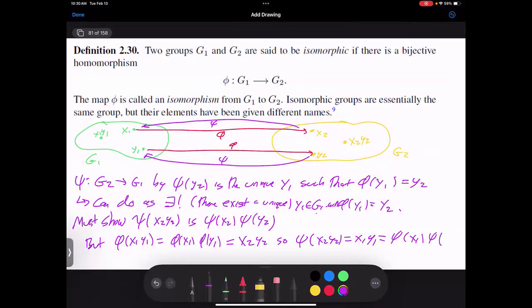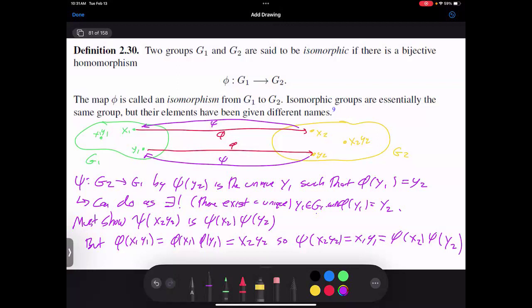I'm sorry, C of x2, C of y2. And that will prove that it is a group homomorphism. So x1, y1 is mapped to x2, y2.